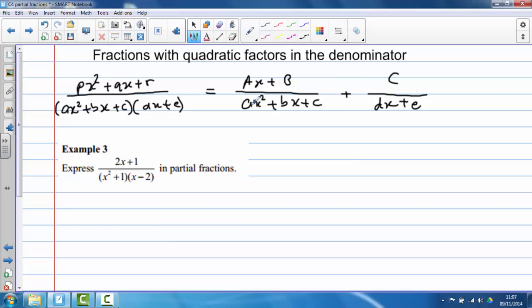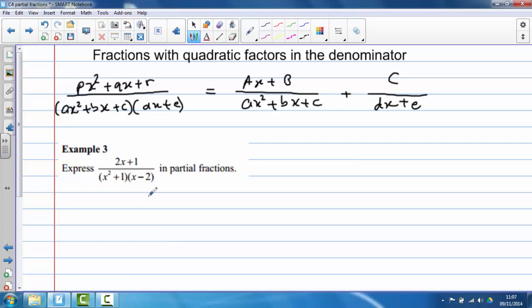If the denominator was a cubic, the numerator would be a quadratic. And that also helps, I guess, explain why when we've got a linear here we have a constant at the top, because it's 1 power less. So in effect that's x to the power 0.